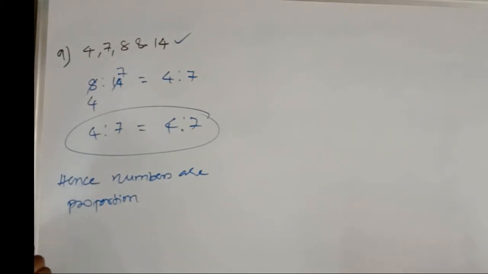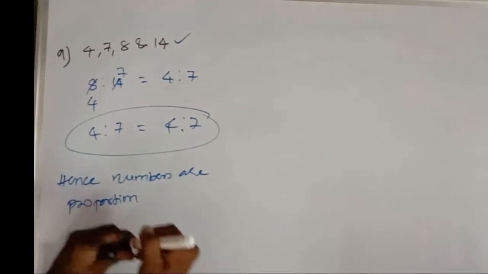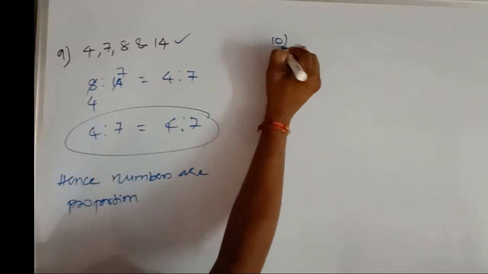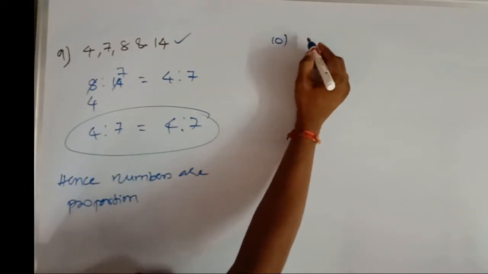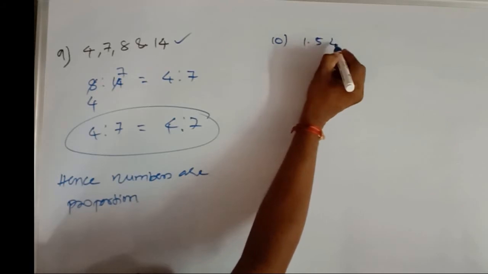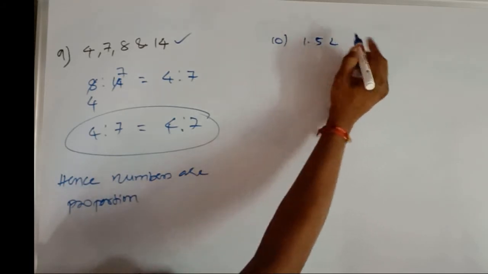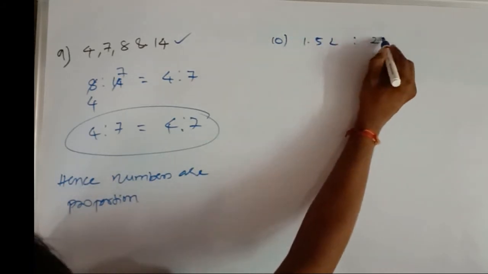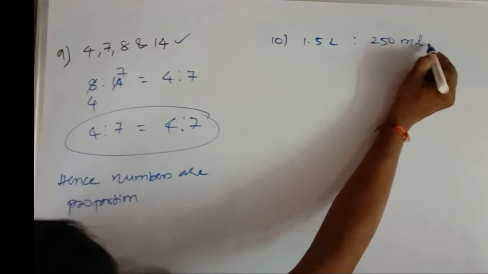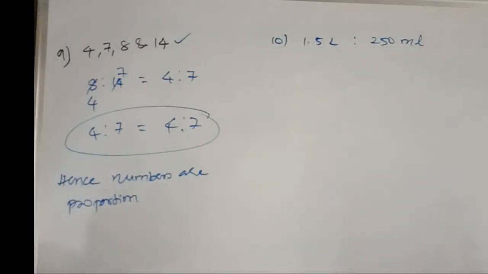Then the 10th question. The 10th question is to express 1.5 liters is to 250 ml. See, in this, one is in liters and one is in milliliters.